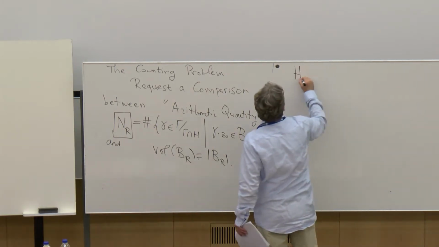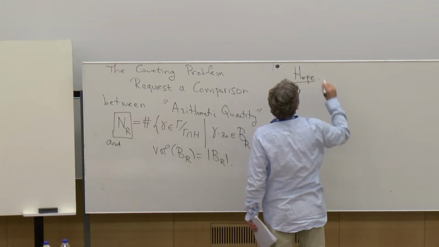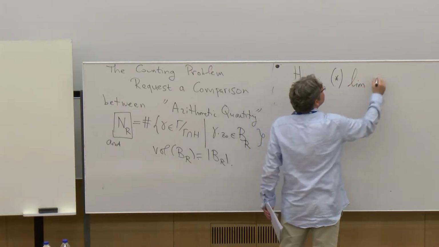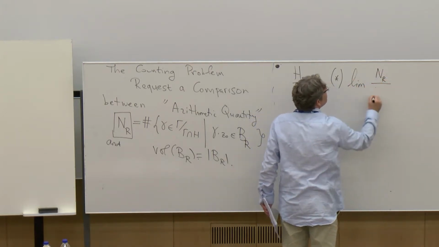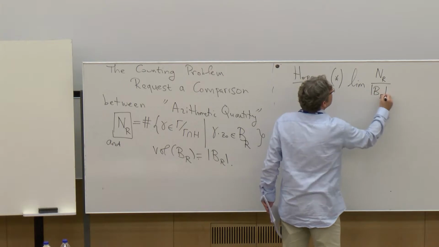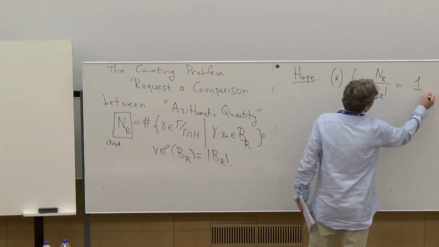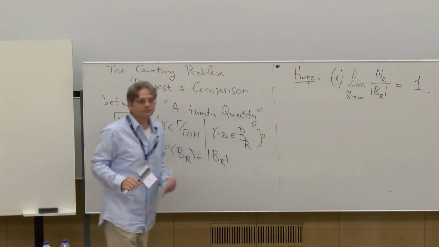So the hope is that the limit of N_R divided by B_R, where R goes to infinity, exists and is equal to 1.